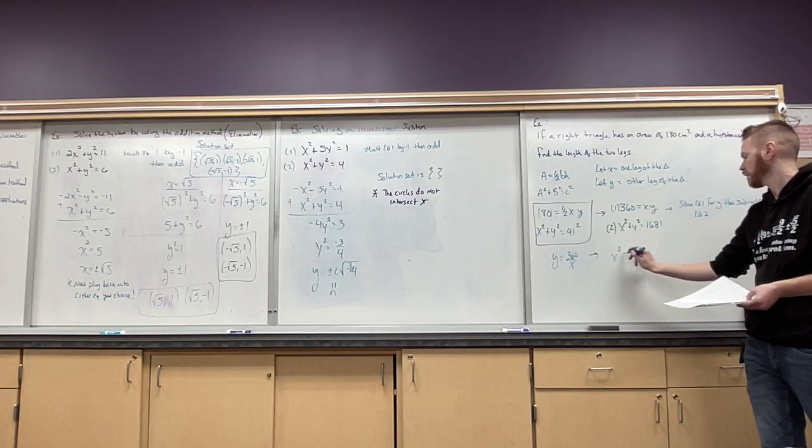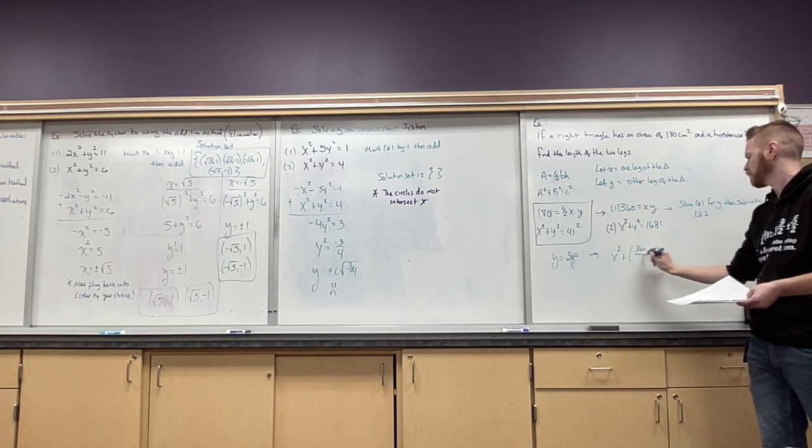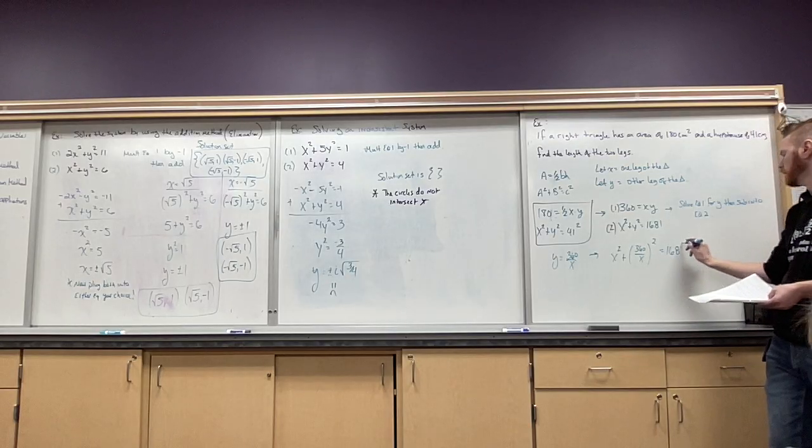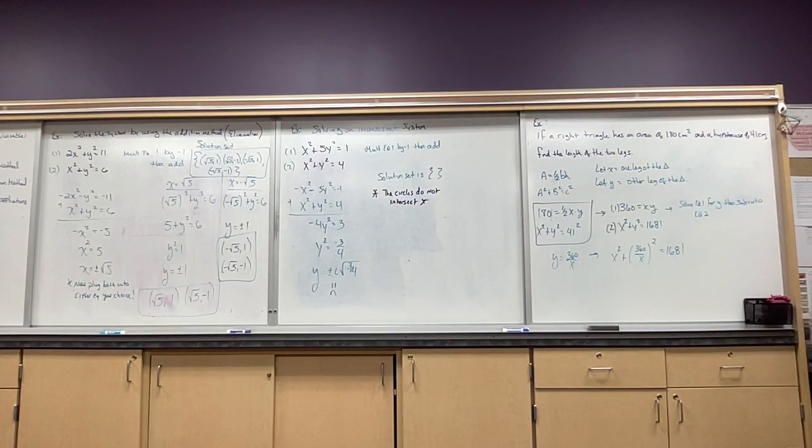So we get x squared plus 360 over x quantity squared equals 1681. Okay. Now, squaring this, the number is going to get a little bit larger, but we'll handle it. So here we go. We get x squared plus 129,600 over x squared equals 1681. Again, don't be scared by the large value. It's okay.